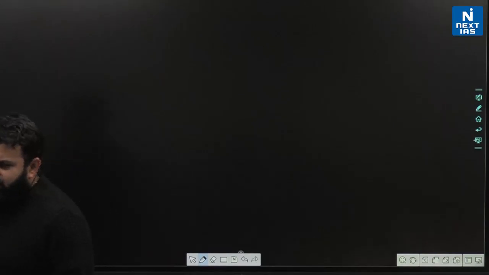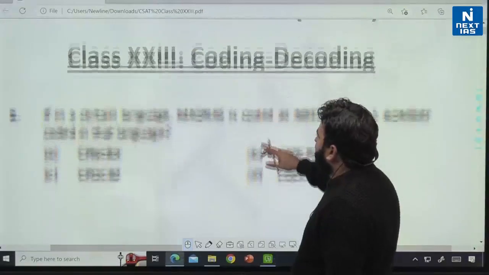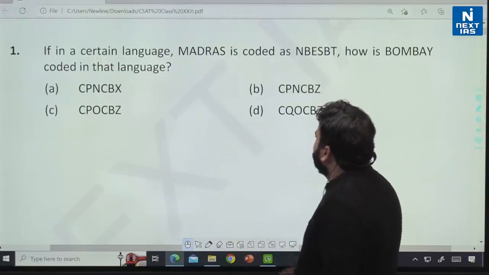Coding decoding is also a very interesting topic, and it is comparatively easier. Here we'll directly take from the questions.